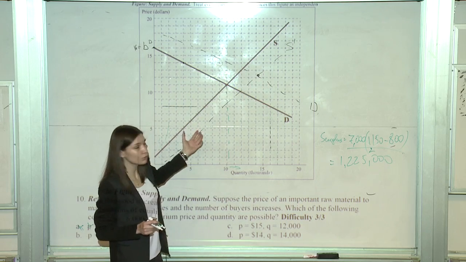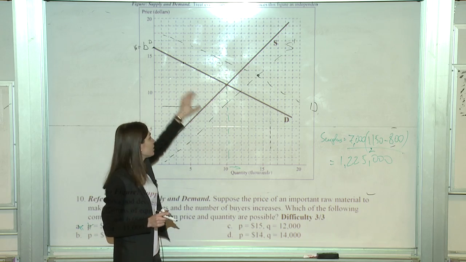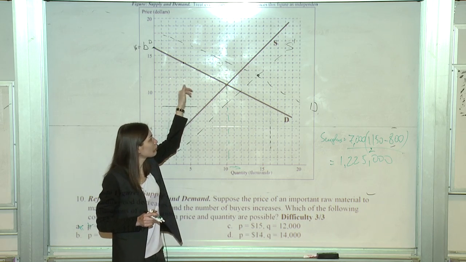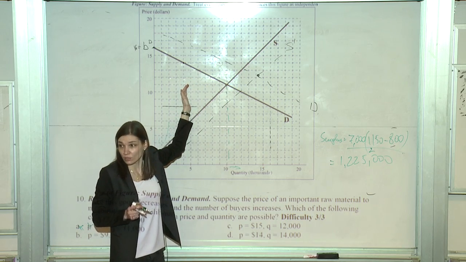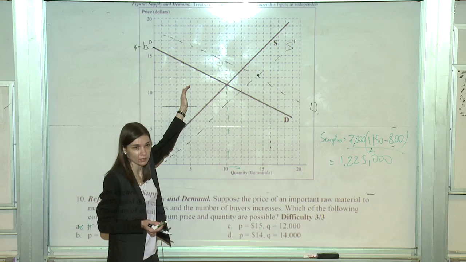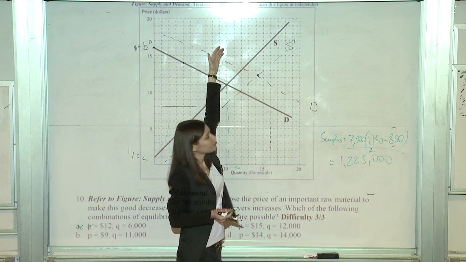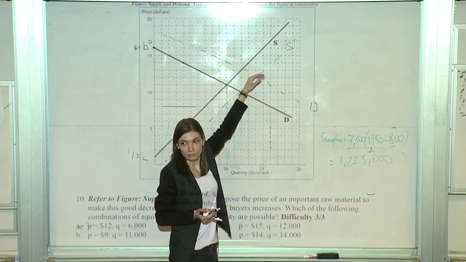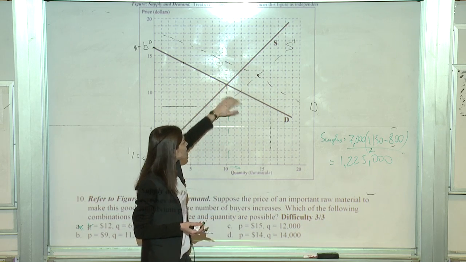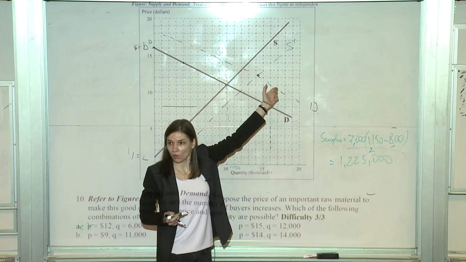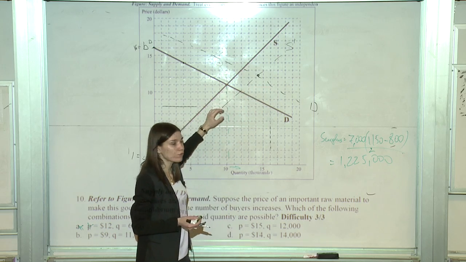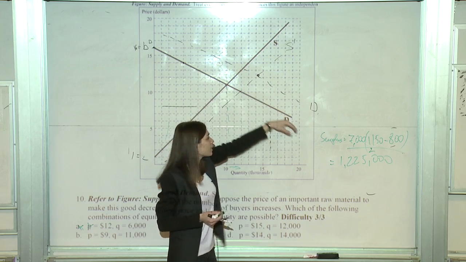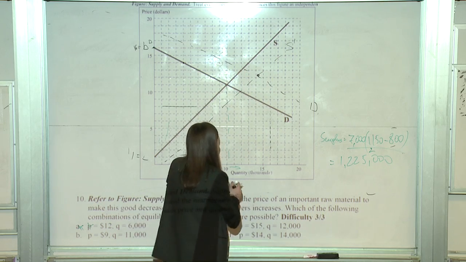There's no way for the new equilibrium to be in this region, because for it to end up here, both the demand and the supply curve would need to decrease, and we know that they both increase. For it to end up here, the supply curve needs to go down, and it goes up. So that doesn't work either. And to end up here, the demand would need to decrease, and we know that it increases. So there's no way for the point to be in either of those 3 regions. The only possibility is that it ends up in that region here.